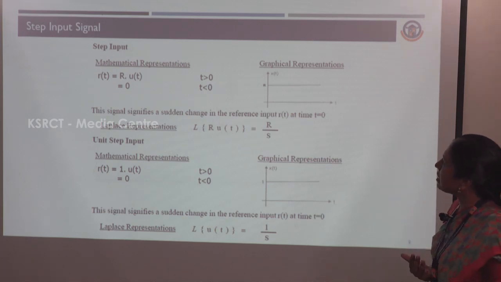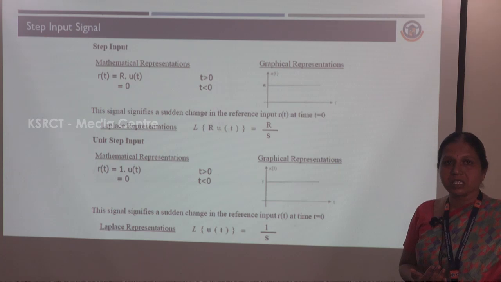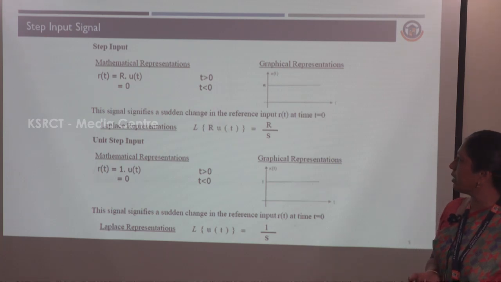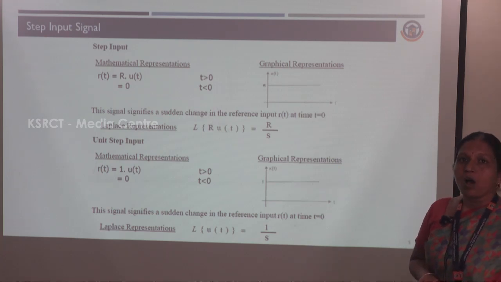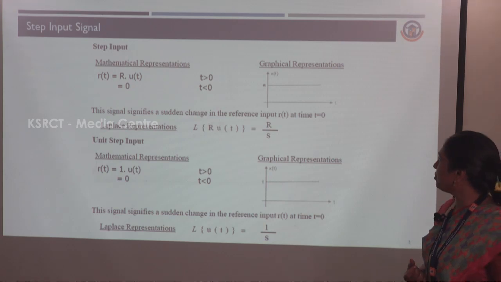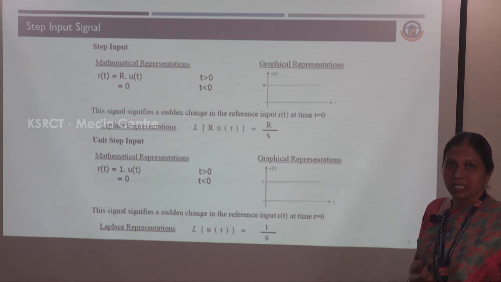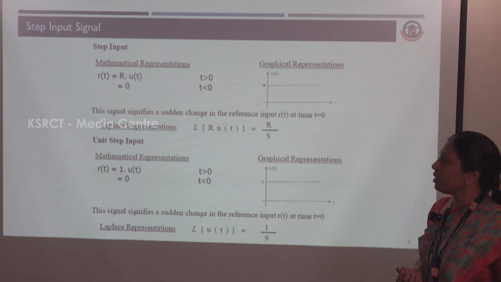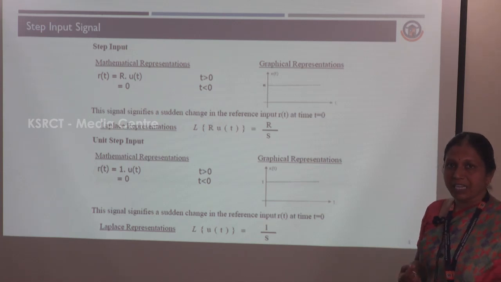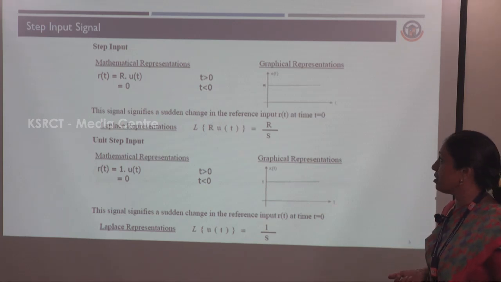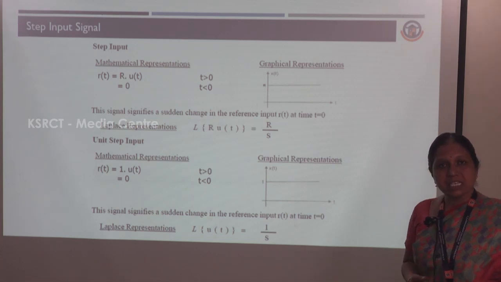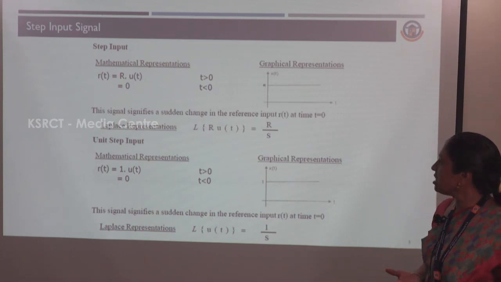So, in a mathematical representation we can represent the input R of t is equal to R into U of t. R is the step value of the step input signal. So, R of t is equal to R into U of t when time is greater than 0. When time is less than 0, the input signal will be 0.